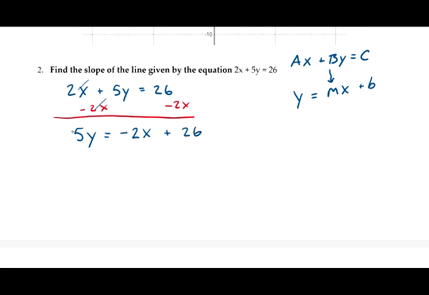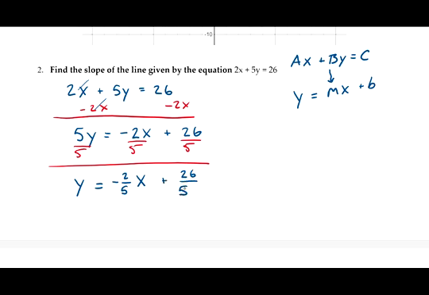Now we want y by itself, so divide by 5 on both sides. So we get y equals, the 5's cancel, so y equals negative 2 over 5 times x plus 26 over 5. So what we've done is we've taken this equation here and rearranged it.